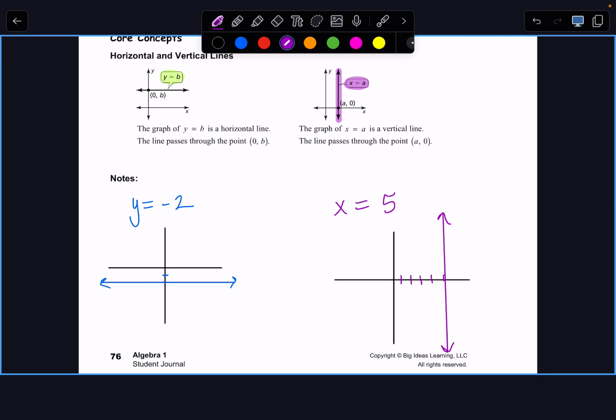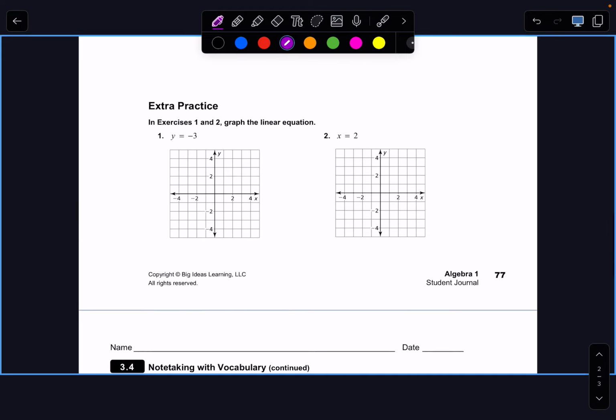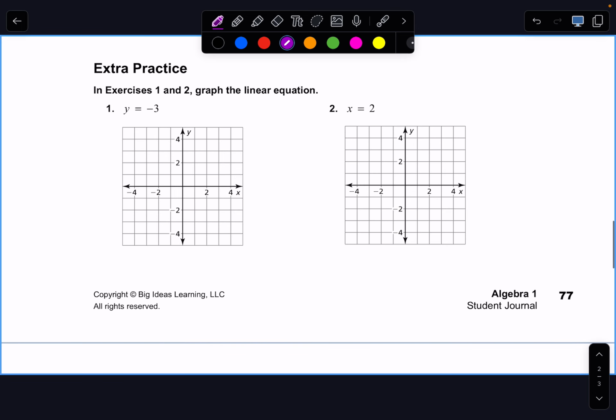So what I'm going to have you do is go to the next page, to page 77, and I want you to do the two graphs at the very bottom.